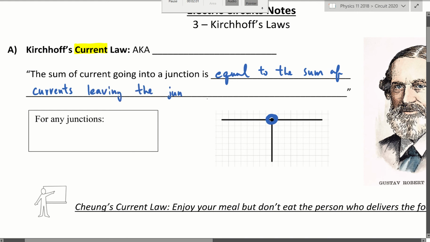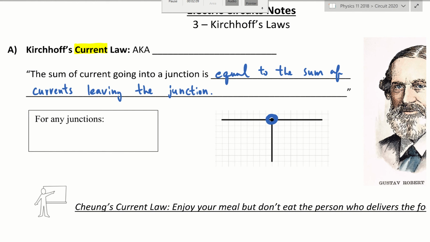That is basically just a conservation of charge. When you think about it, that means the amount of people going into a corner should be equal to the amount of people going out of that corner.